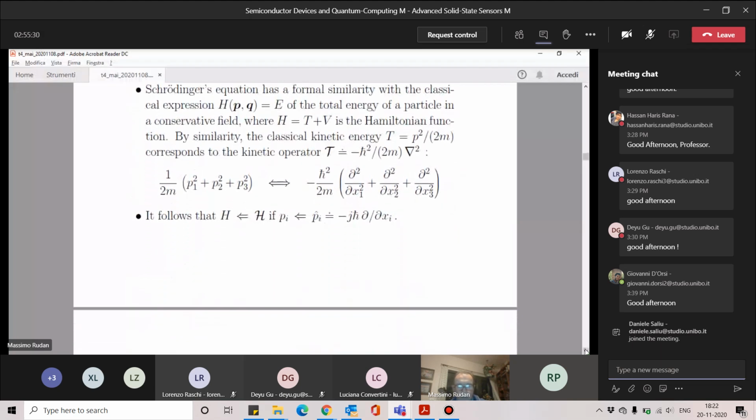The momentum operator is minus j h bar derivative with respect to x_i.